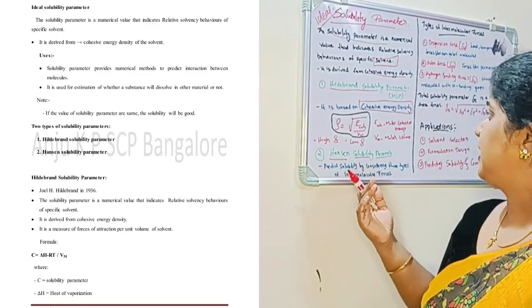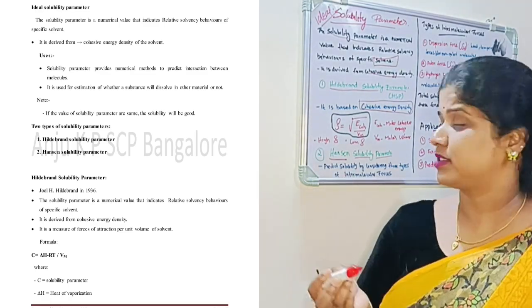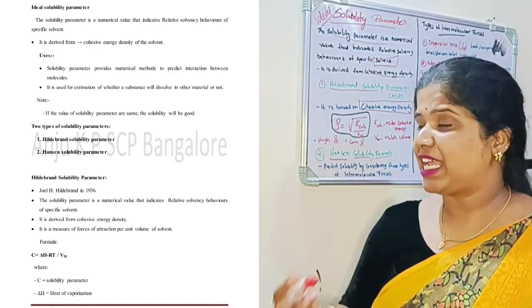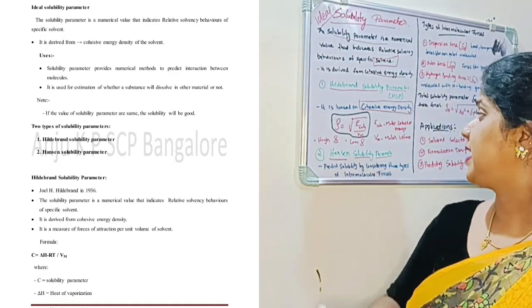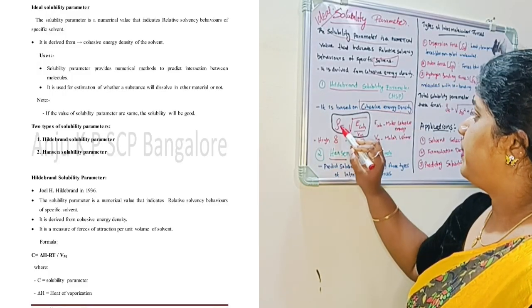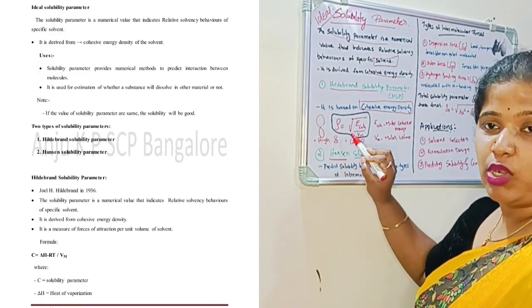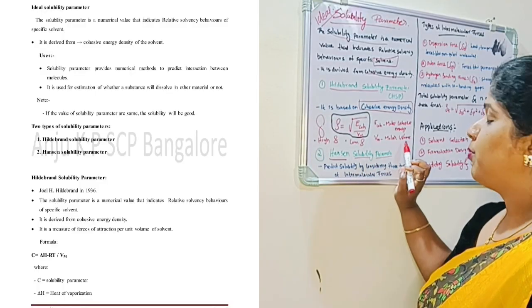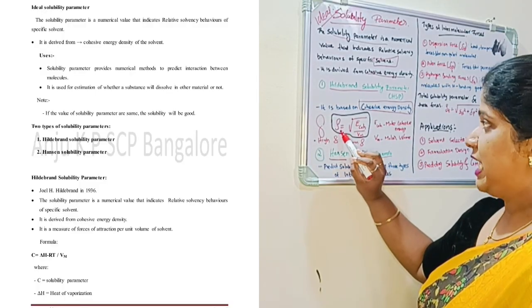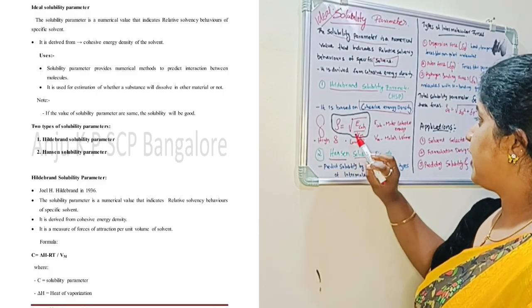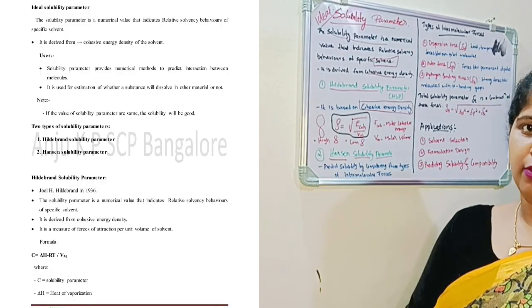Later on he said the solubility is based on the cohesive energy density. In 1936 he said that the solubility parameter delta is equal to the square root of molar cohesive energy divided by molar volume.